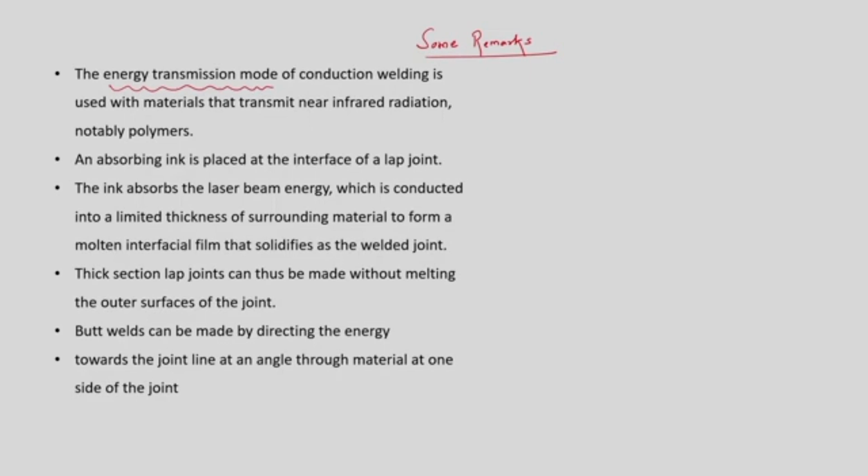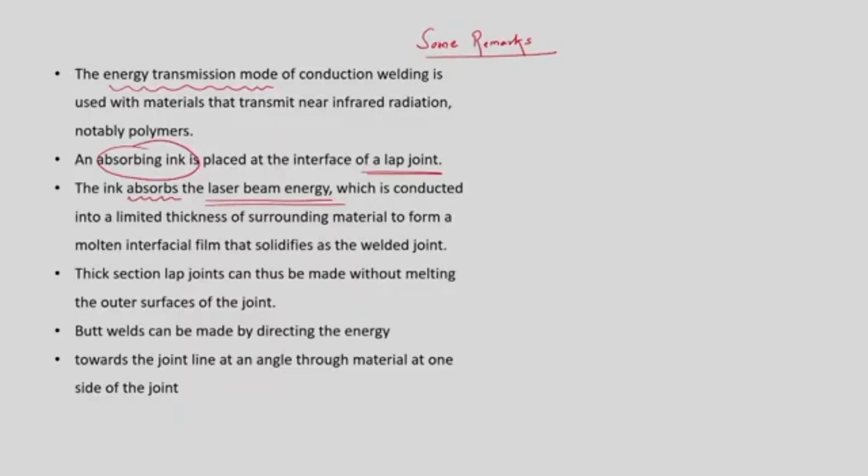So in that case, we are using an absorbing ink. This absorbing ink is applied at the interface of the lap joint, and the ink absorbs the laser beam energy. As the ink is getting heated up, that heated ink further dissipates the energy to the polymeric material at the interfacial joint.